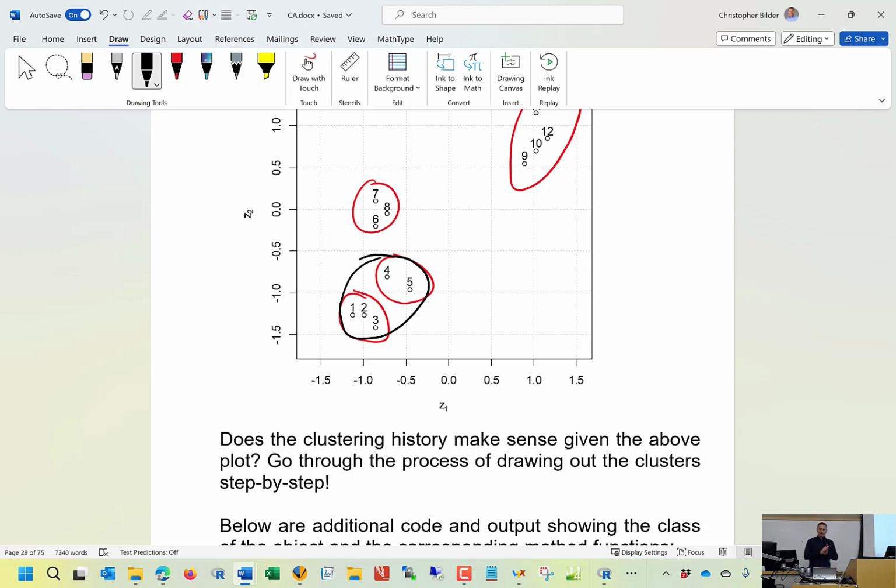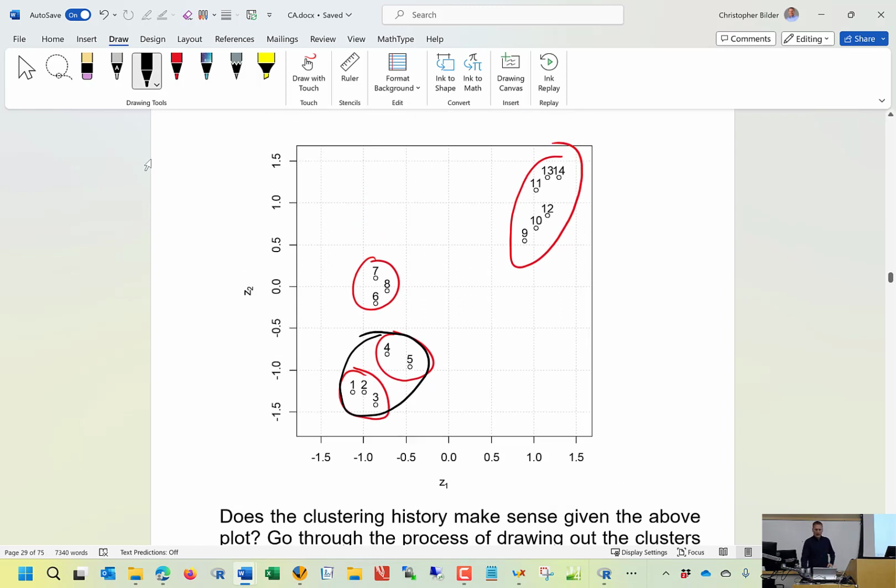Those seem to be the closest of the remaining ones. But perhaps that's going too far. We do see some separation there. But you can also see that there's probably more than one answer here.